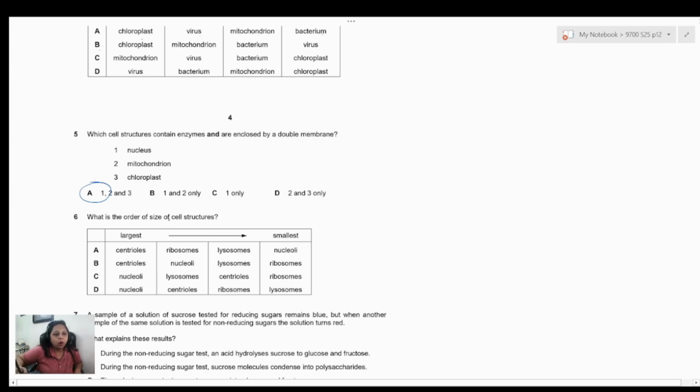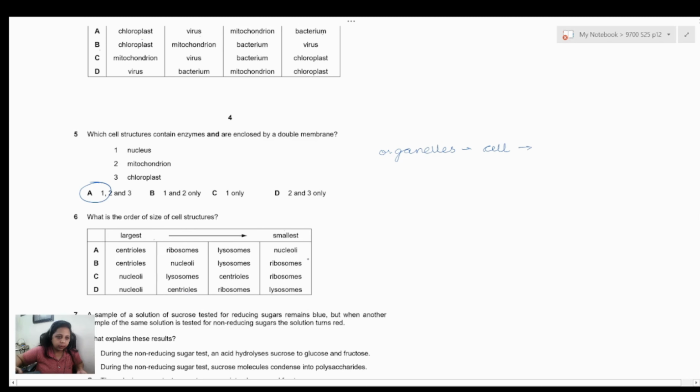What is the correct order of cell structures? First of all, we'll say it's organelle, then organelle, we have cell. What type of organelles can be arranged from largest to smallest? Let's say, what is the smallest? Yes, ribosome can be the smallest, and nucleoli.